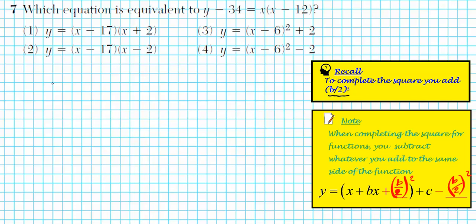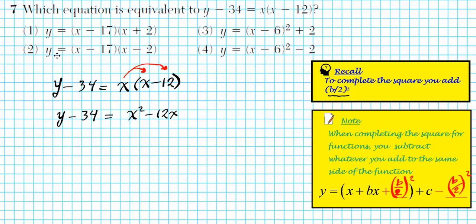Now let's go take a look at the function. We have y minus 34 equals x times x minus 12. So we have to get y isolated first and simplify this quantity. So let's distribute x to x and negative 12. So that gives us y minus 34 equals x squared minus 12x.